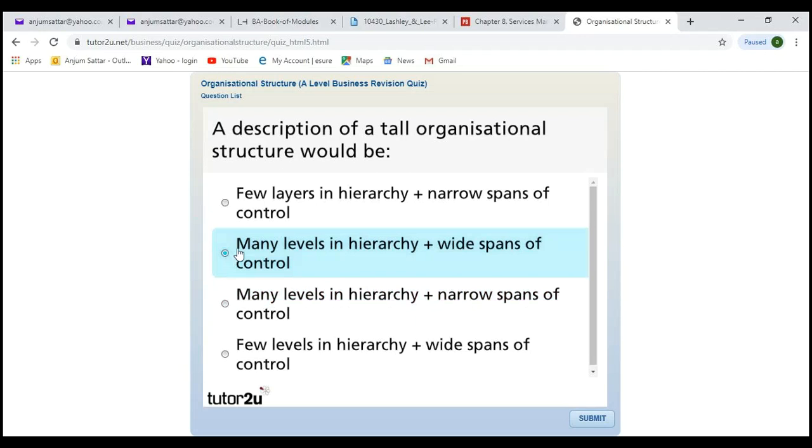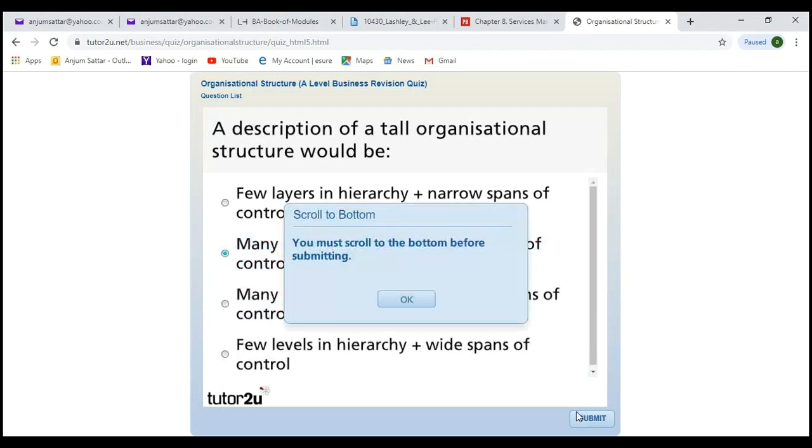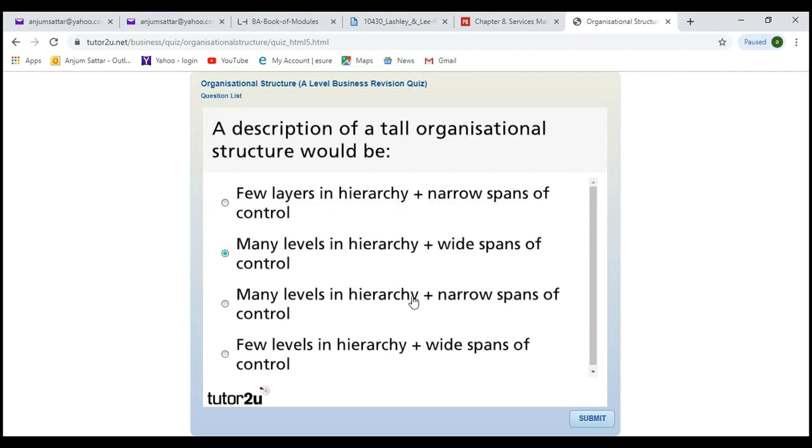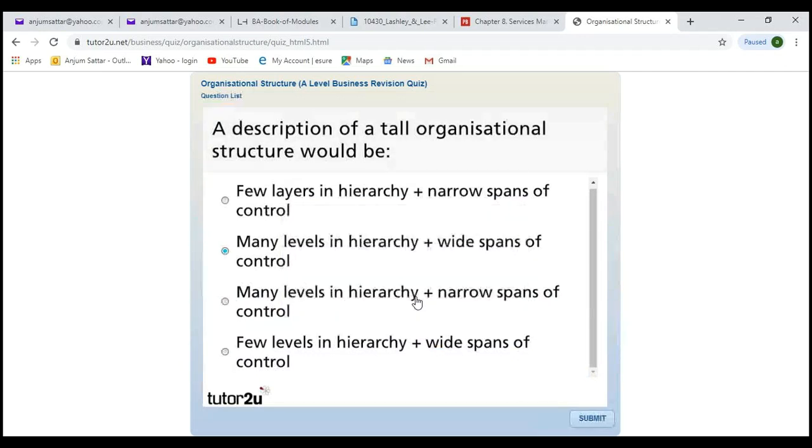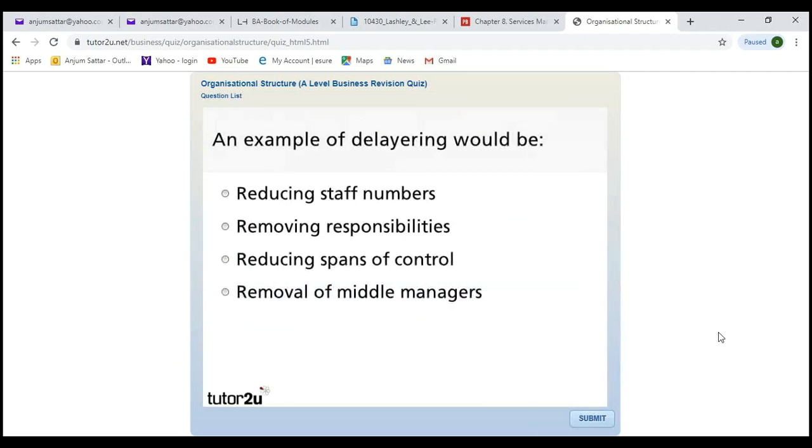So many layers of hierarchy and wide span of control. No, that's not it.